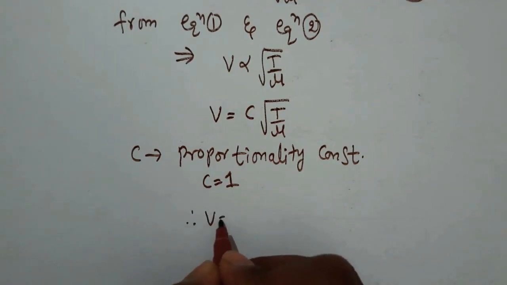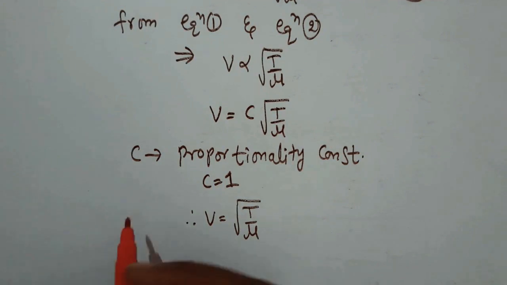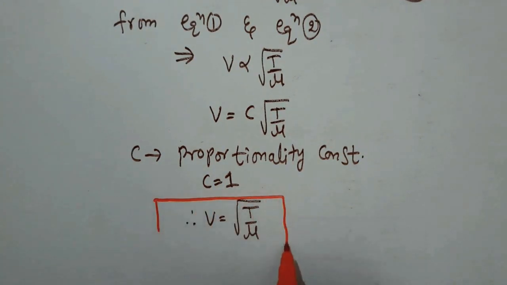Therefore, v is equal to the square root of T by mu. Therefore, the speed of a transverse wave on a stretched string v is equal to the square root of T by mu.